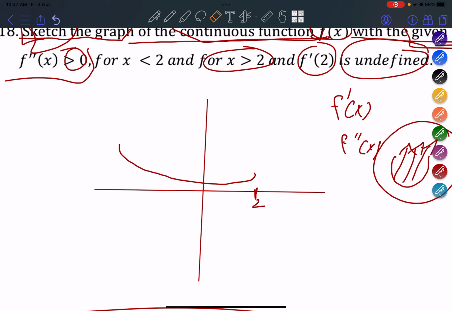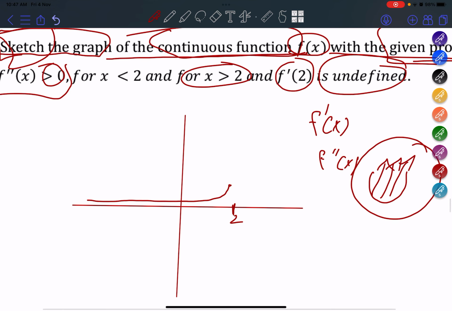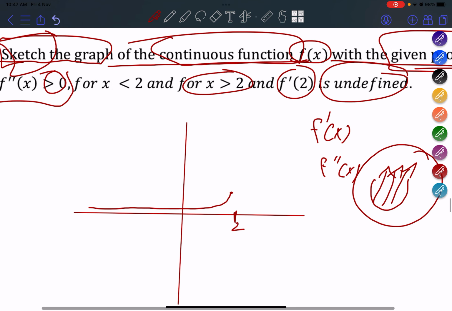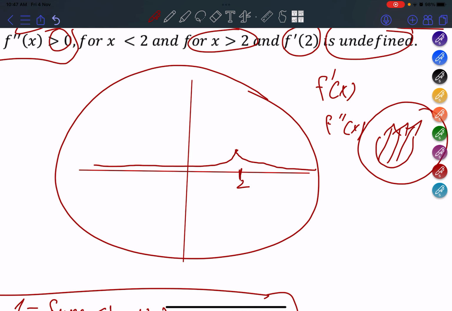It shouldn't go up, because the function is going to reach 0 while concaving up. So it should be drawn like this. And then at the point 2, there will be a sharp corner, but again, you have to remember that it should still be concaving up. So it should look something like this. Okay, and this is how the sketch should look.